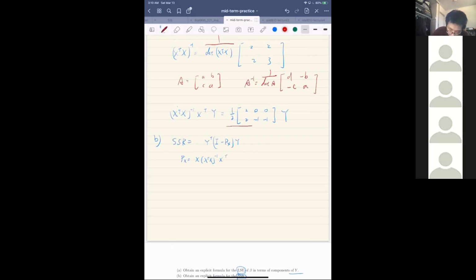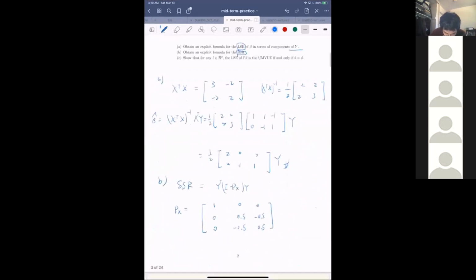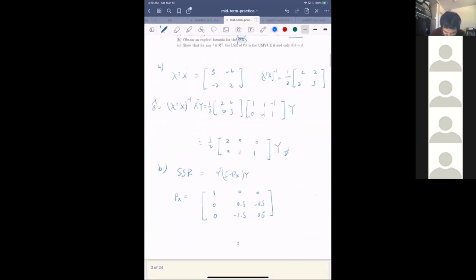So this part is X transpose X. So we can figure out what the projection matrix is. So the Px is equal to this.